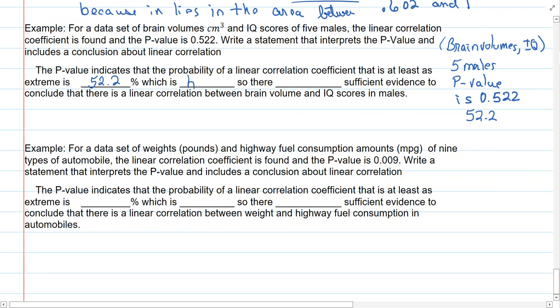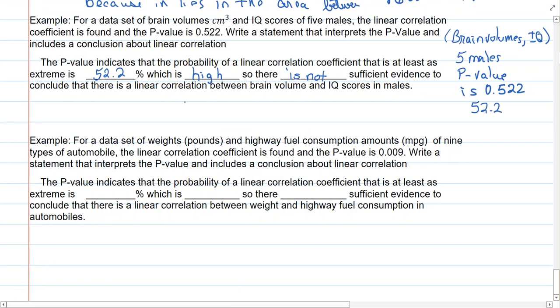It is high because it's higher than our 5%. So there is not sufficient evidence to conclude that there is a linear correlation between brain volume and IQ in males.